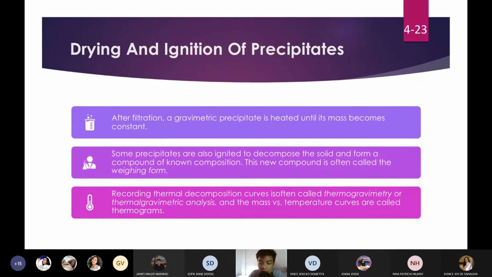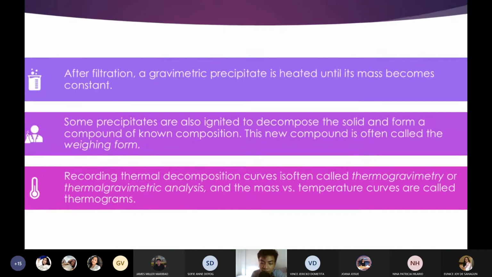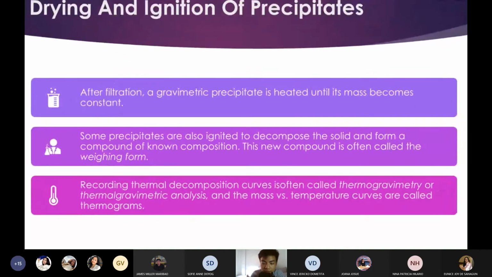What's next is that you will dry them and then you will filter them. Okay? After you filter, ignite them pala, sorry. So after mo i-filter yung iyong precipitate or yung iyong colloids, ang gagawin mo is that you will heat it, iinitin mo siya until you will get the constant mass.